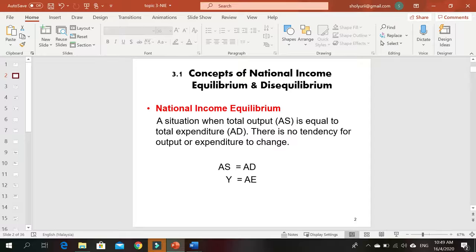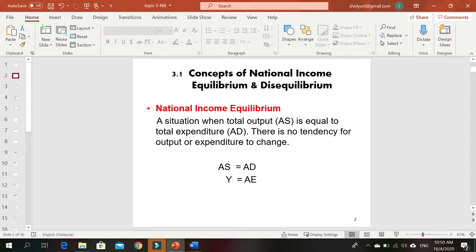And nama lain bagi aggregate supply adalah Y, ataupun ini adalah income ataupun output for the economy. Okay, and nama lain untuk aggregate demand adalah aggregate expenditure. So sometimes dia pakai AS, sometimes dia pakai Y, sometimes dia pakai AD, sometimes dia pakai AE. But bear in mind, the same thing.